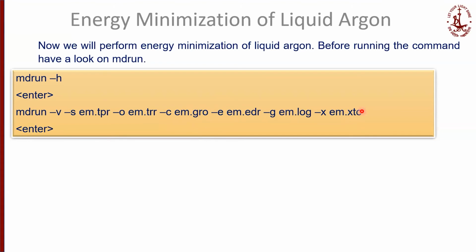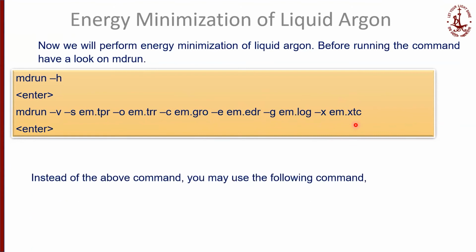You want this for energy minimization, so EM will specify energy minimized files, -e em.edr. EM.EDR will contain all the energy related information, -g em.log, then -x em.xtc. This is the trajectory file.